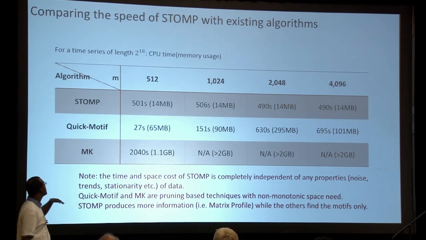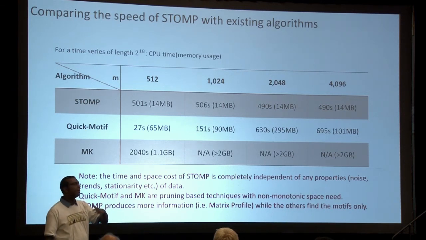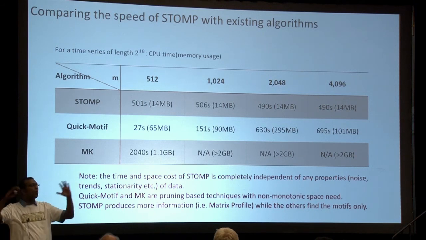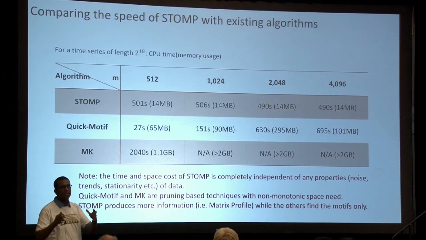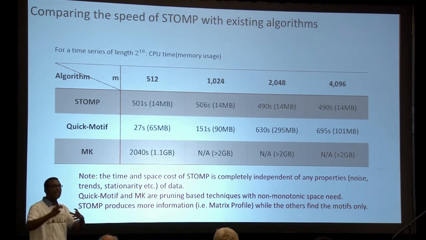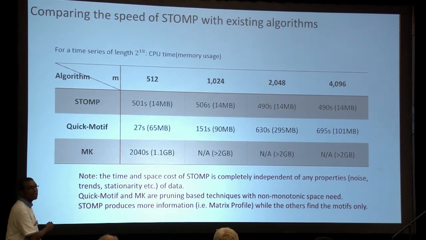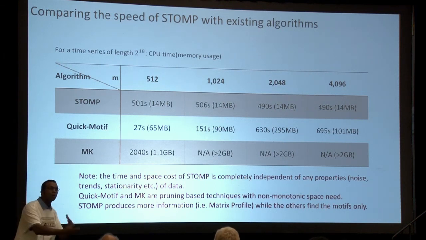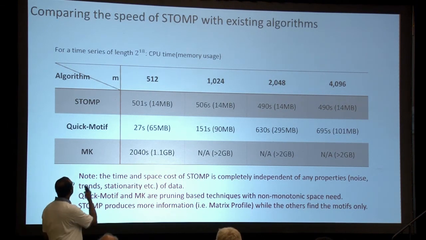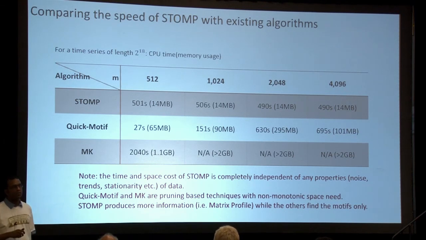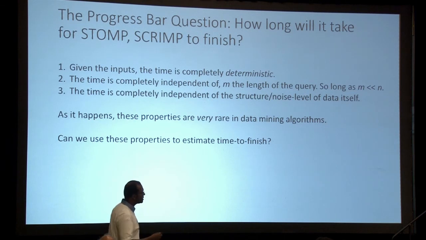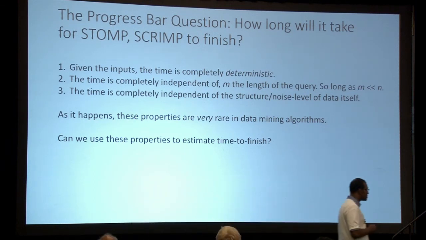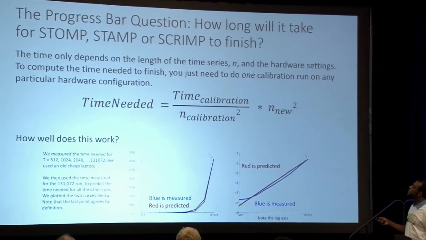If you say create Quick Motif for k, and then you ask what is the k plus 1th motif, it cannot say that, because it does the whole thing assuming that it knows well before what is the output required. And based on that, it prunes. But here, you don't need to know that. You can explore using the matrix profile after STOMP produces the matrix profile as an output. And I think I will skip at this point the progress bar question, because I'm almost there.